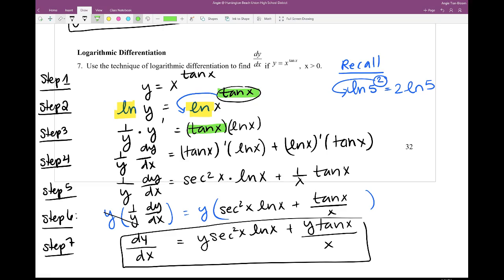The reason we want to make it multiplication is so that we can use the product rule. If we leave it in its original format, which is this right here, you can't really take the derivative. So that's why we're manipulating with natural log to do so.